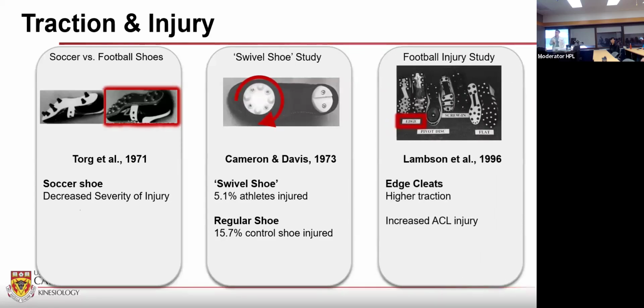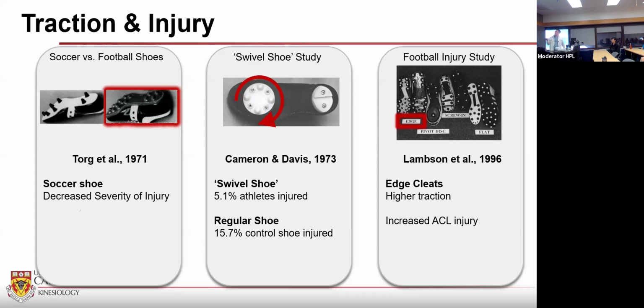And lastly, we go to a landmark study by Lamson et al. in 1996. So what he did again in American football is he grouped athletes' cleats into 4 categories. So there was cleats that he termed flat cleats. So these cleats were all the exact same size on the outsole. Screw-in cleats, so these are the removable cleats. A pivot disc, which was very similar to the swivel shoe cleat.